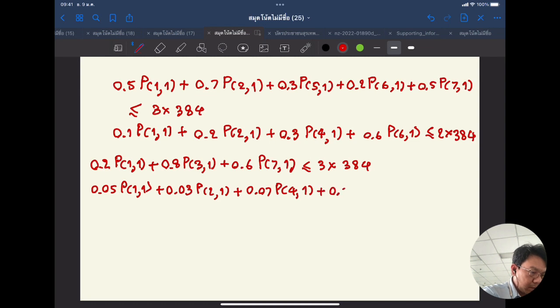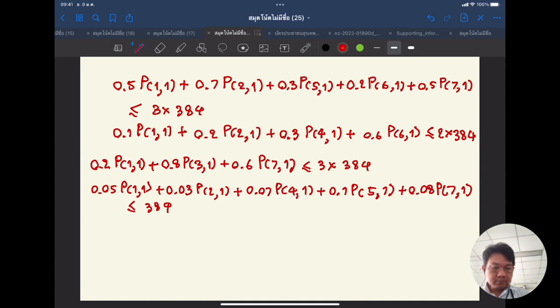We need 0.1 for product 5 and we need 0.08 for product 7. And this number should be smaller than 384.